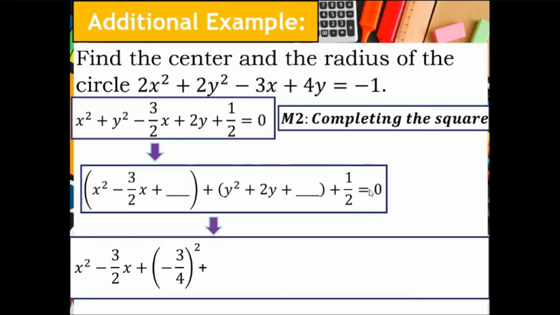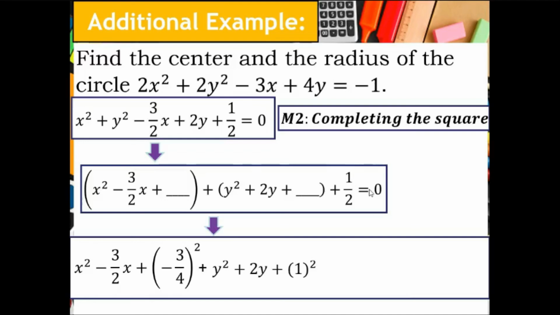And if we factorize this one, we will get the form square of x minus h. For the second one, we will have y squared plus 2y plus 1 squared. And now, it is already a perfect square trinomial.